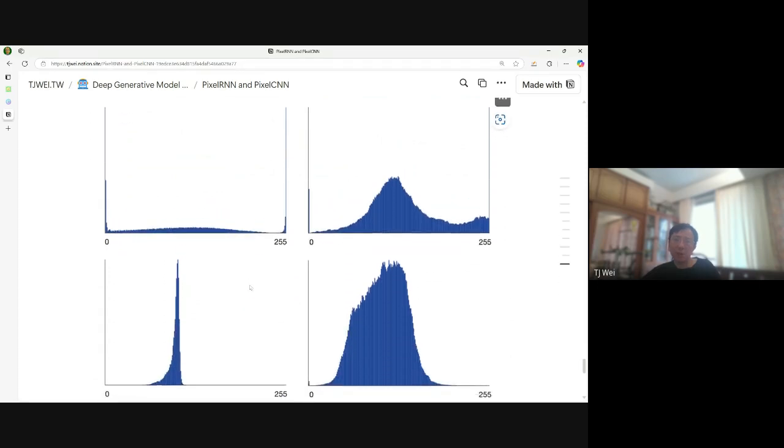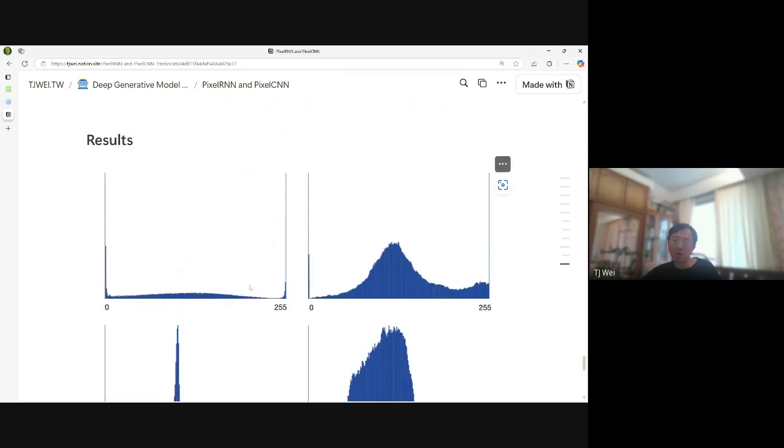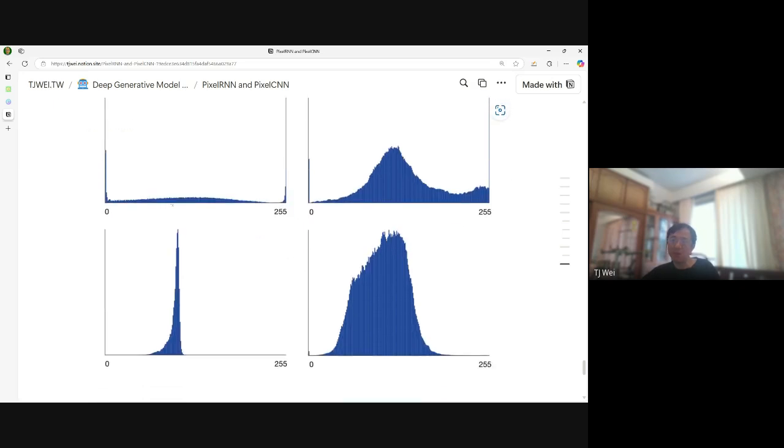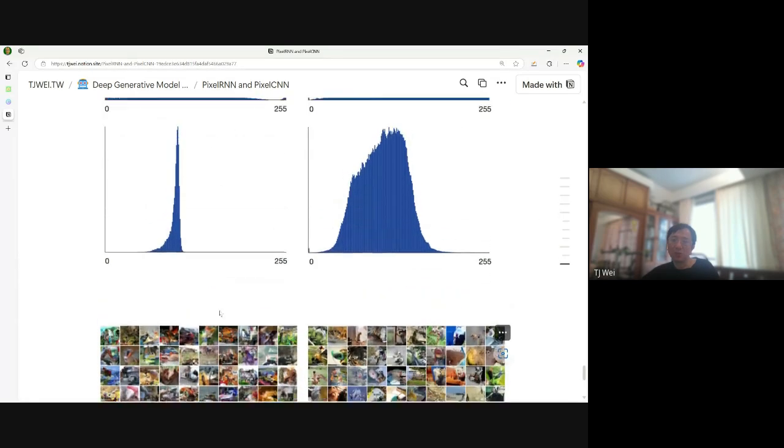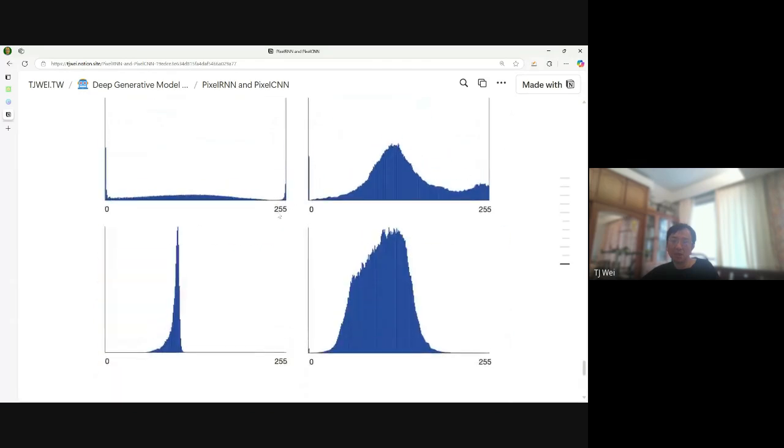Here's a result of the Pixel RNN and the Pixel CNN. You can see that we still need to generate the first pixel, and here are the statistics of the channels of the first pixel.